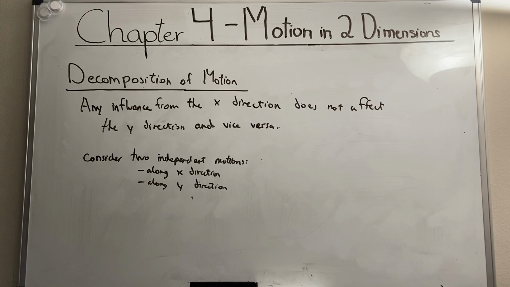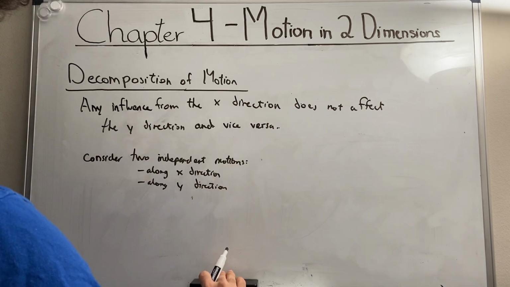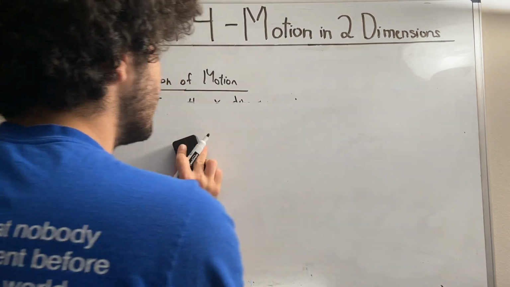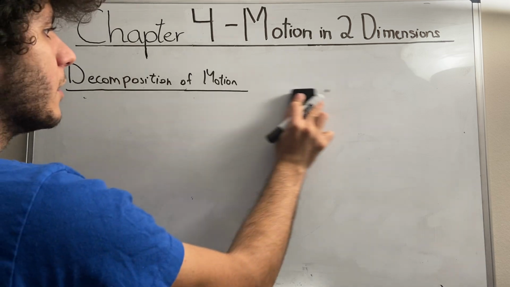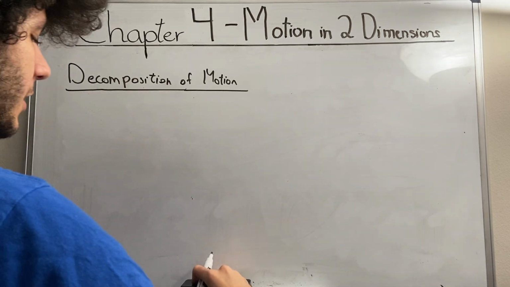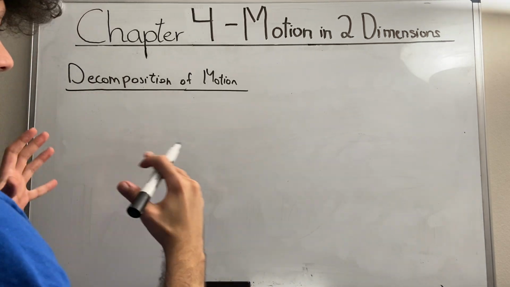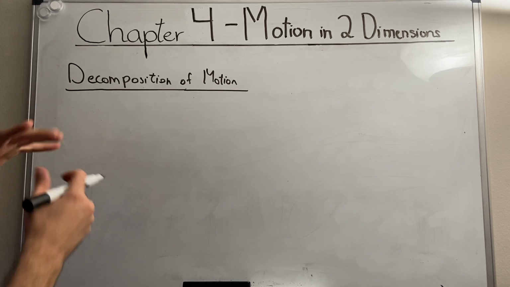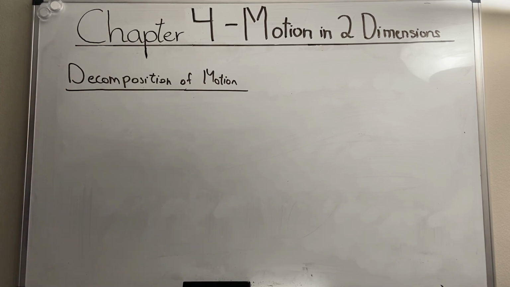So basically, if we were to redefine velocity, position, and acceleration, it would be like this. Now that we can decompose each of those aspects of motion in terms of x and in terms of y, we're going to have a couple of new formulas.